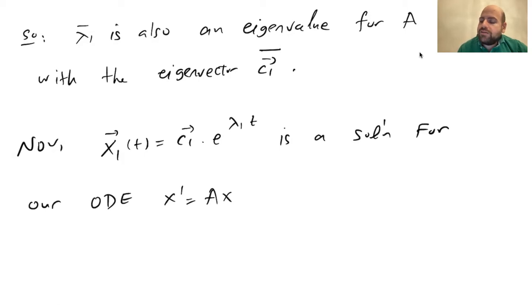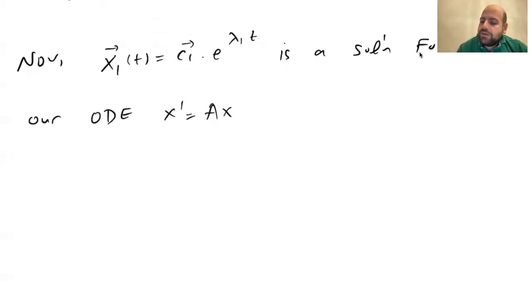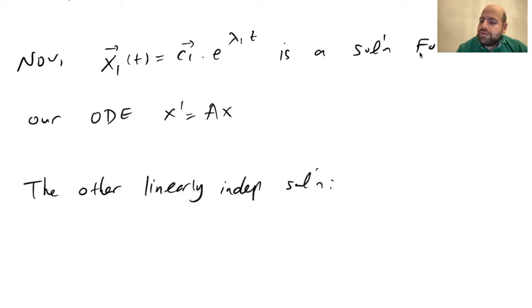Now, what will be the other solution? The other linearly independent solution will be C1 bar times e to the power lambda 1 bar t, which is the same as X1 of t bar.